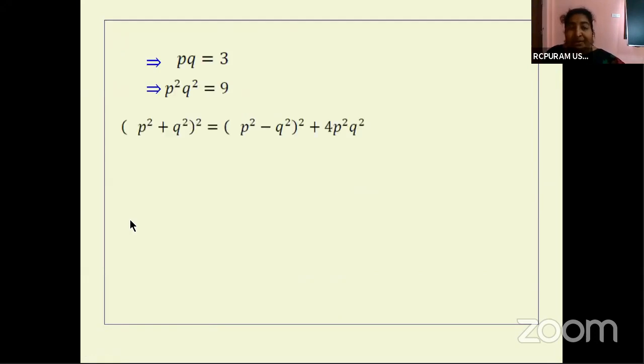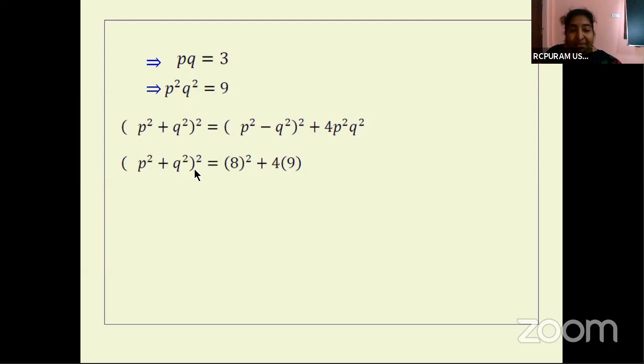So p square plus q square whole square is equal to p square minus q square whole square plus 4p square q square. Now, this is something like a plus b whole square is equal to a minus b whole square plus 4ab, right?